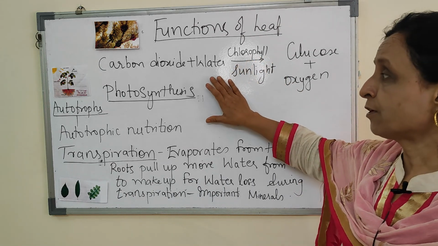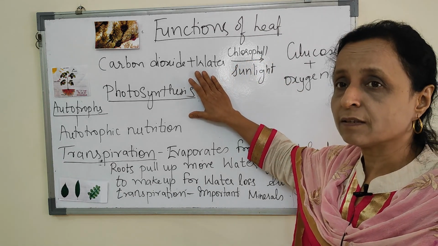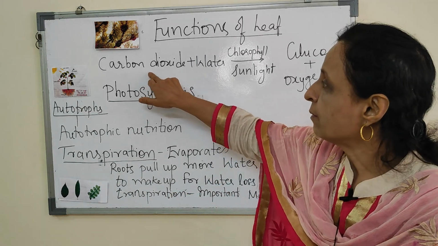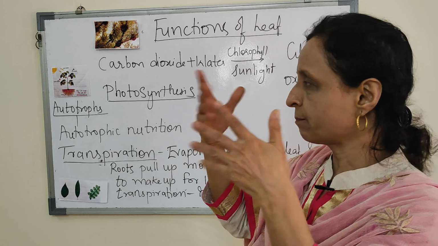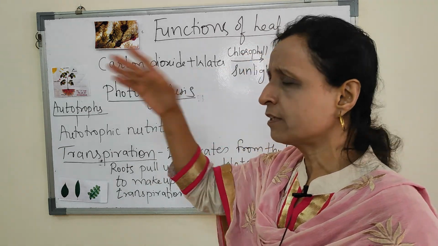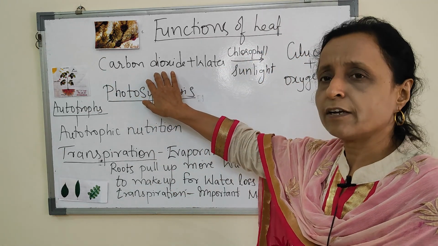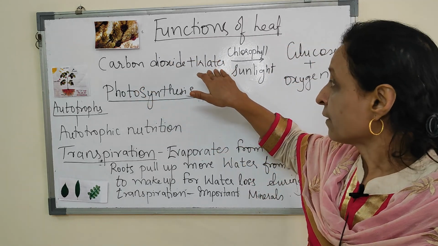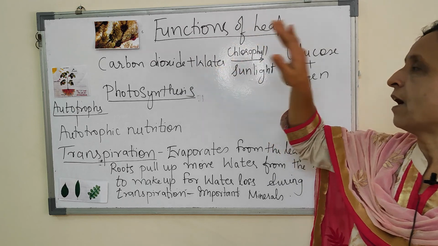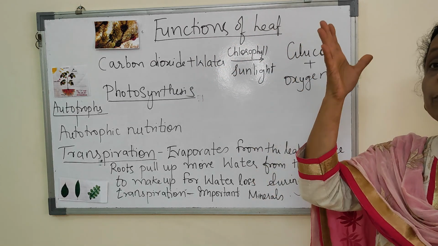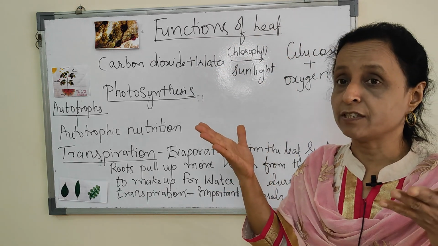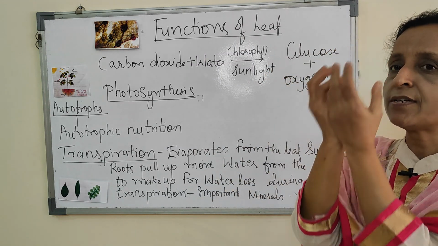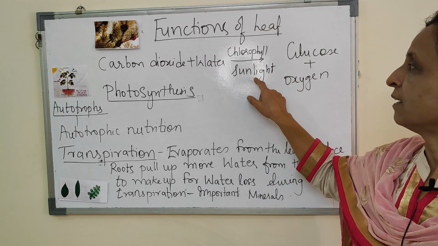So in this process of photosynthesis, the carbon dioxide which is given out by us, plants, animals, all organisms during respiration, is there in the atmosphere. Taking carbon dioxide and water, and with the help of sunlight, the plant will trap the energy from the sunlight.